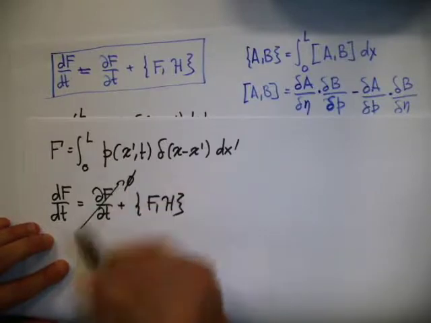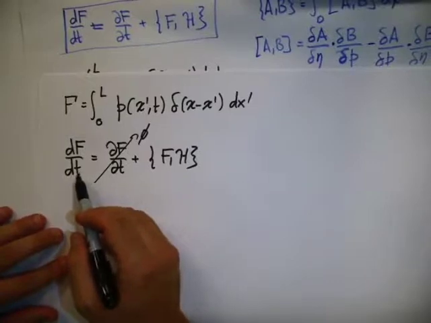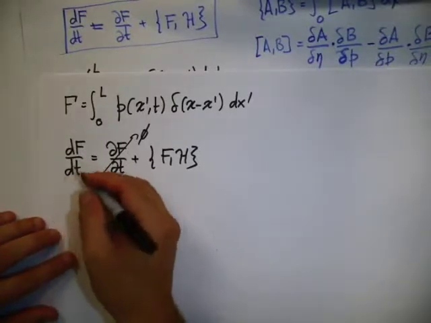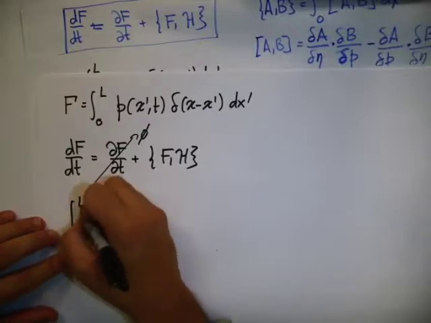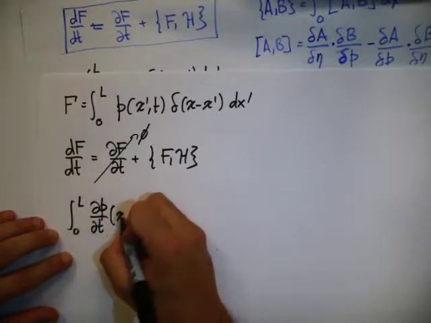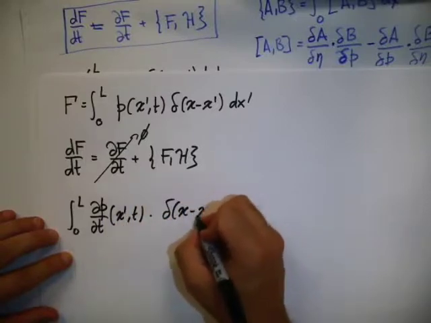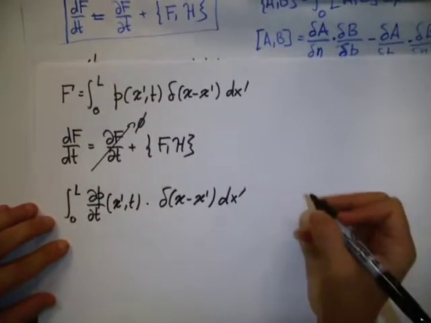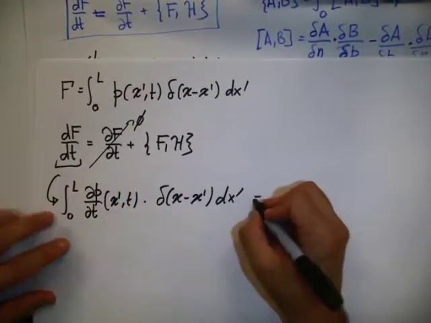So we need to work out this df dt, which is pretty easy because it is equal to the integral between 0 and L of dp dt, computed at x prime, t, times delta of x minus x prime, dx prime. So this is equal to dp dt computed at x.